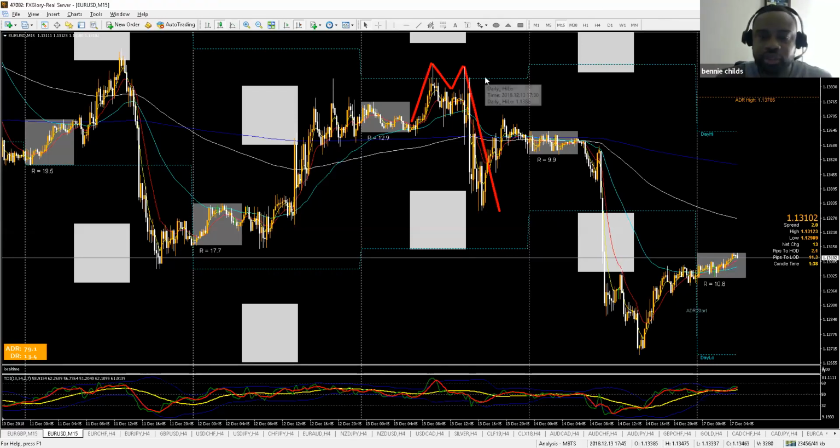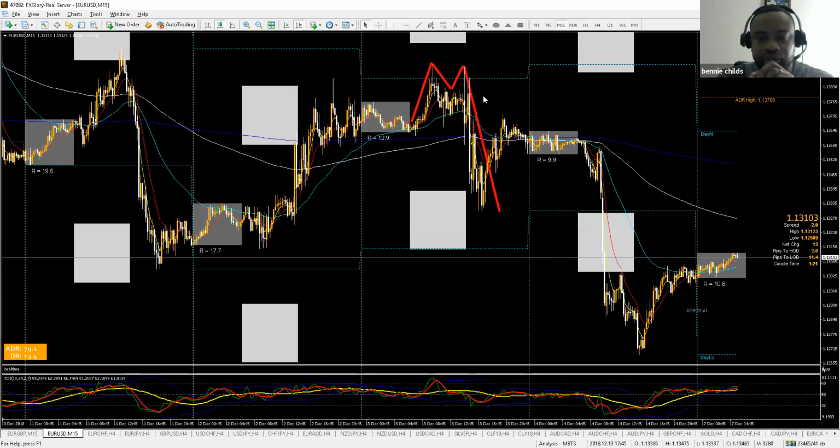So typically for the perfect setup, around 3:45 is when the market maker will be forming the second leg of the M, okay? We're not looking for it to not be completed, right? We're looking for the second leg to be forming.